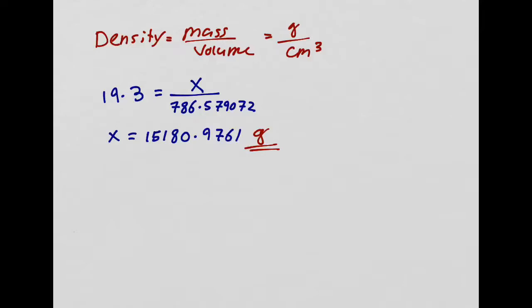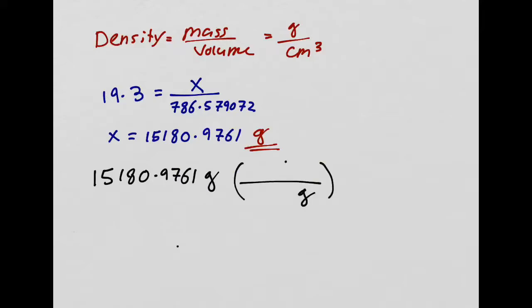Okay, we know how to convert. So I have 15180.9761 grams. I don't want grams. Where does it go? Down here. I want kilograms. I'm doing conversion between the metric system. So you have the chart in front of you. Kilograms versus grams. Which one is a larger unit?